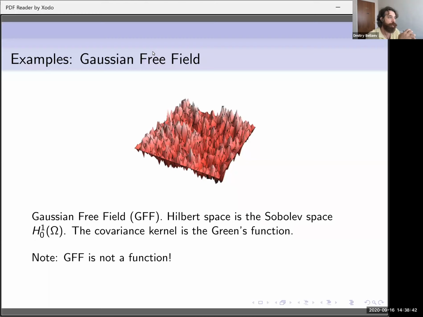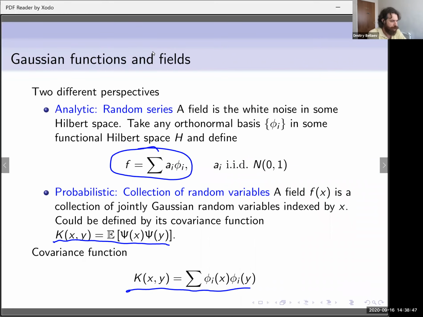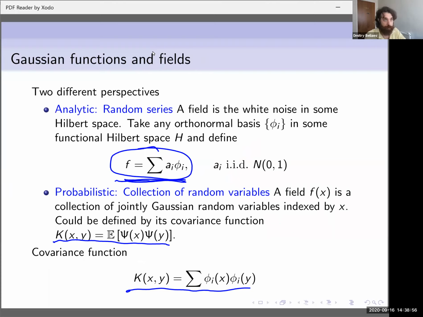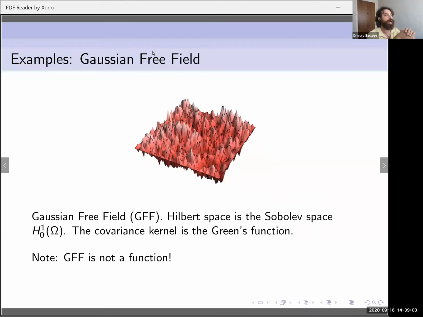Now, an important thing is, if you go back to this definition, it's easy to see that this series will not converge in the Hilbert space. It might converge in some other sense, but not in the Hilbert space. In the case of the Gaussian free field, what you get is not a function at all. It's a random distribution. And this is not what we are interested in.